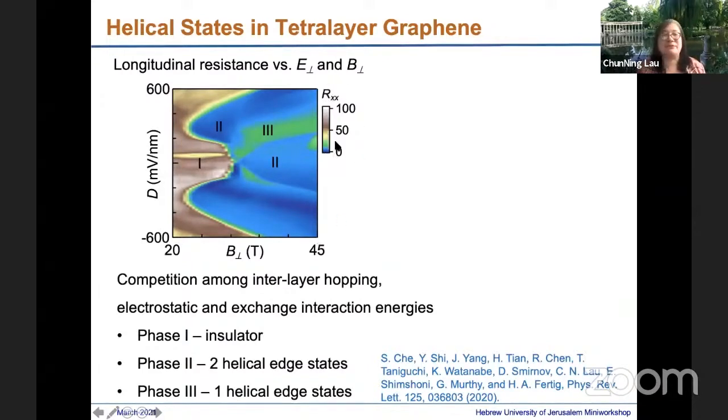The vertical axis is still the displacement field, but now we call it D, which is proportional to the difference of the top and back gates. And the horizontal axis is the out-of-plane magnetic field.